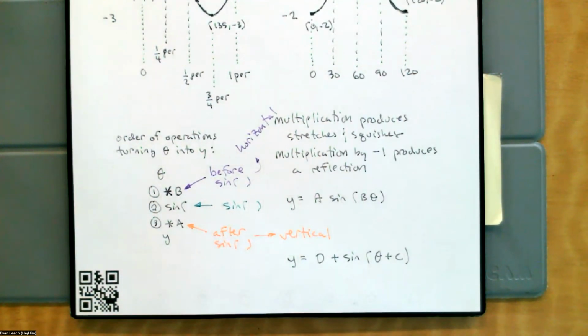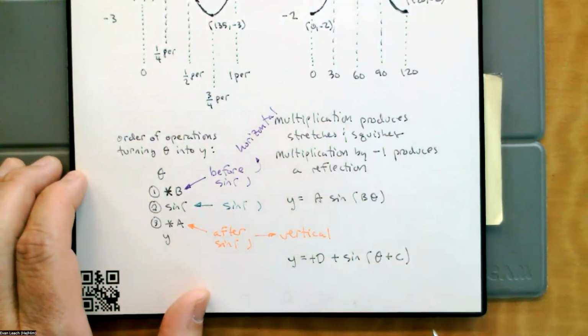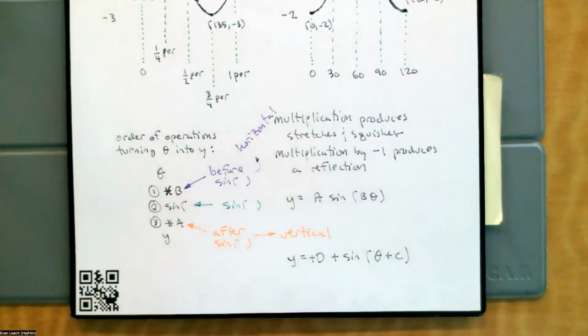I have two additions in this point. I've got an addition before the trig function and an addition after the trig function. I usually write my constant term first, but I put a plus d there and a plus c there.